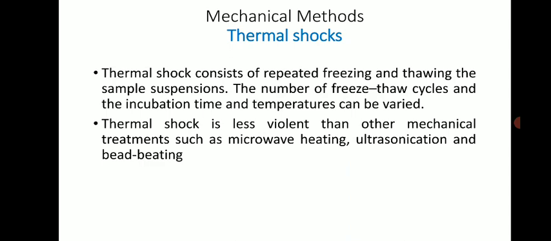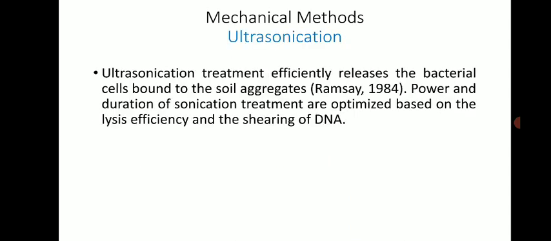The samples are frozen, and then again these samples are heated. So freezing and heating are operated in cycles, and after some cycles the cells break and the DNA gets freed from the cell. Thermal shock is less violent than other mechanical treatments such as microwave heating, ultrasonication and bead beating. So here we use the freezing and thawing process.